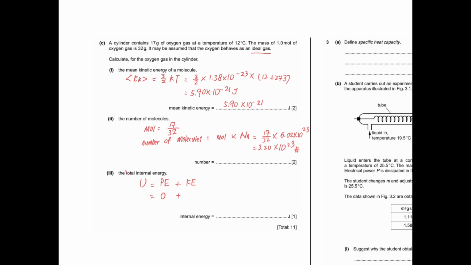Okay, so take the number of molecules, multiply with the energy of one molecule. Okay, then we get 1890 joule. Okay, so that is the answer.